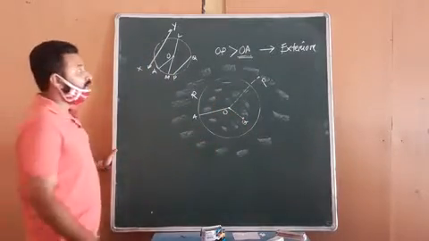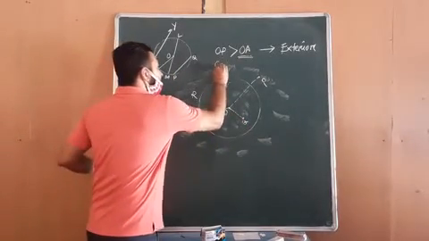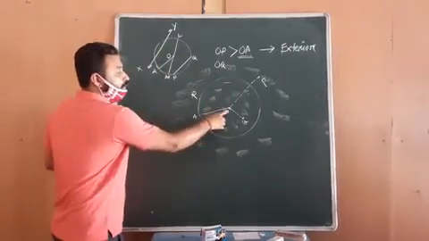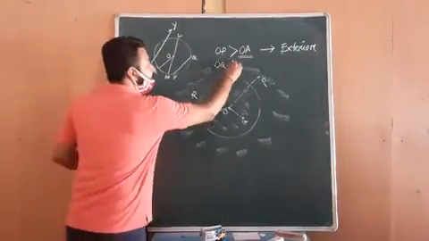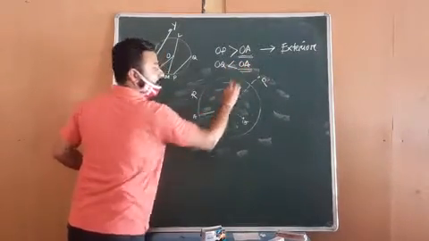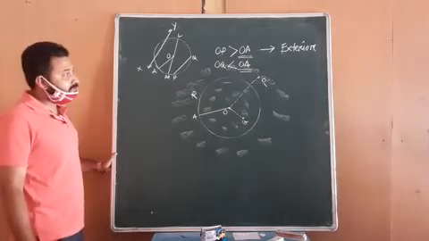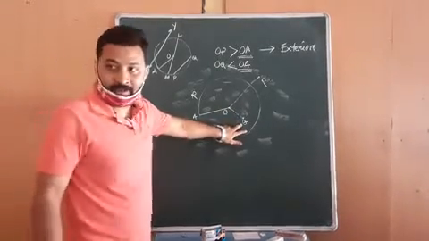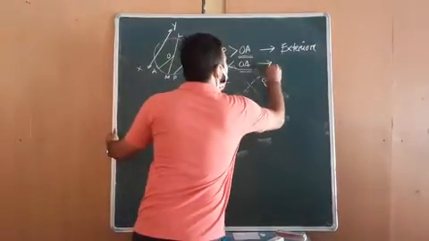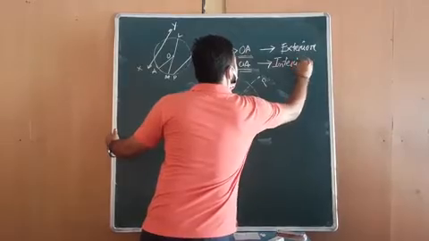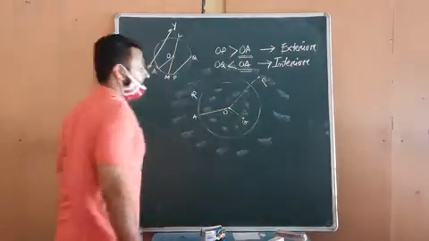Suppose we join O and Q. Now say the distance of point Q from the center O is less than the radius OA. In this case, the point Q will lie in the interior of the circle. Understood?